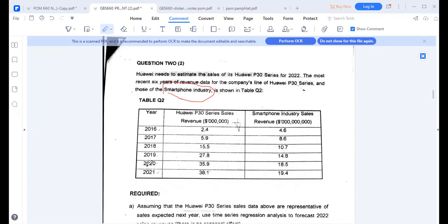So they have the year, then the P30 series sales and the smartphone industry sales. So now here we have to be very, very careful to determine which one should be our X and which one should be our Y variable. Of course, we have 3 parameters: the year, the P30 series, and the smartphone industry.